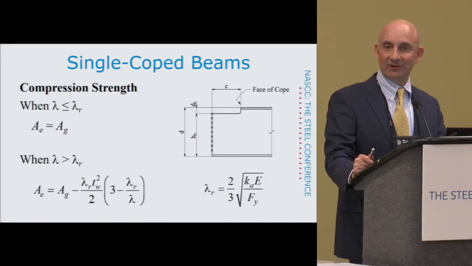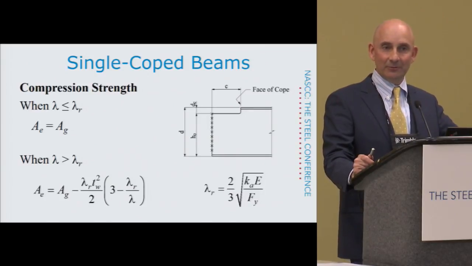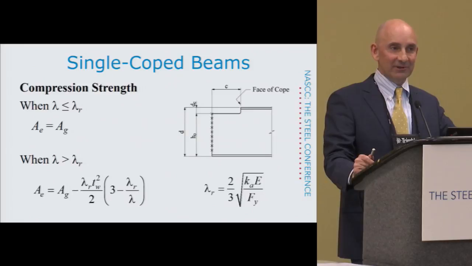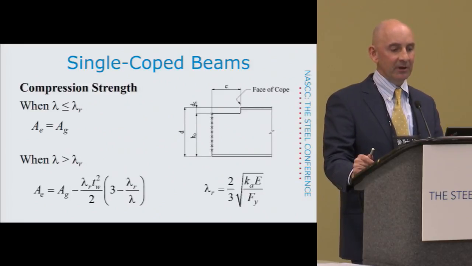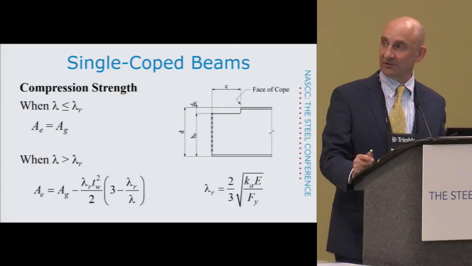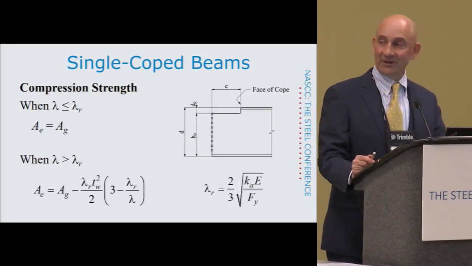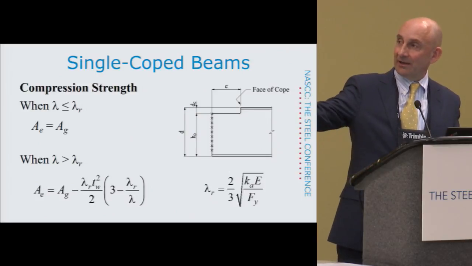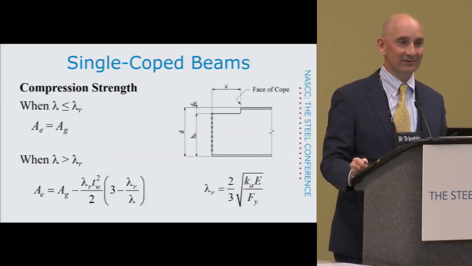One thing to note is that we're redefining lambda sub R for axial. It's the same as what you have in chapter B. If you've got a beam, your beam would have different slenderness requirements than a column. So for axial load, our lambda sub R has the same form. It's some constant times the square root of E over F sub Y, and we've got a k in there, but I've called it k sub a for axial.